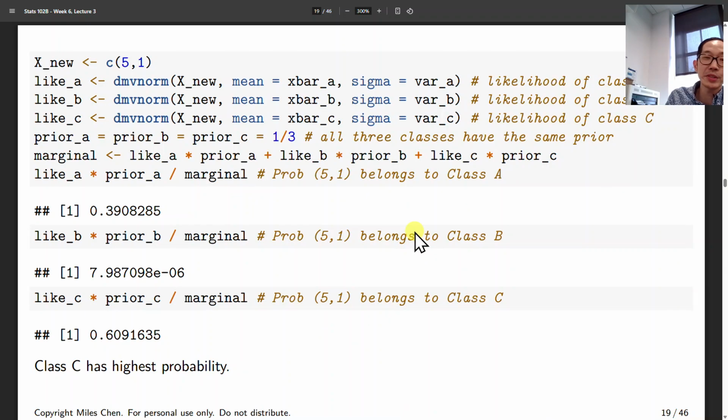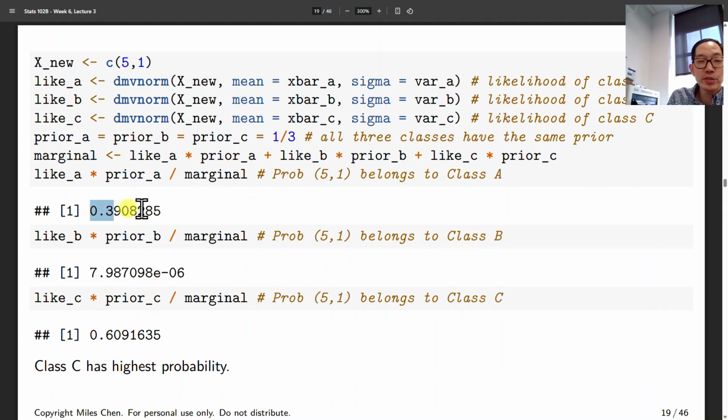If I plug in my observation at 5,1, we get the likelihood using the density of the multivariate normal for each of these classes, A, B, and C. So we get likelihood of A, likelihood of B, likelihood of C. Our priors are 1/3 for all of these. Our marginal will be our likelihood times our prior across all of our classes.